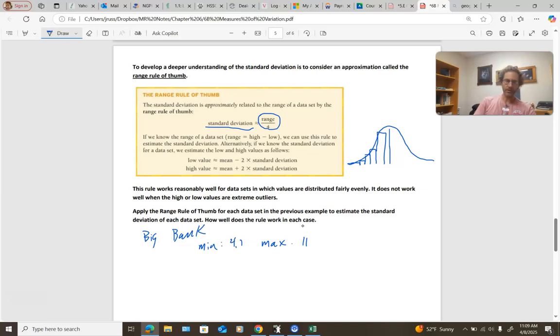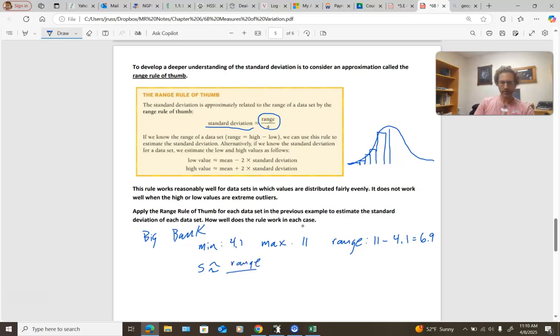If I'm using the range rule of thumb, the standard deviation is going to be approximately equal to the range. We calculated this above, but let's just do it again. The range is the maximum minus the minimum, which is 6.9 minutes.